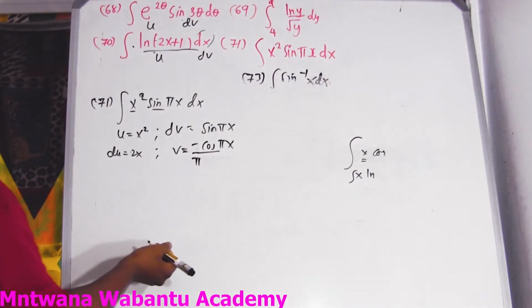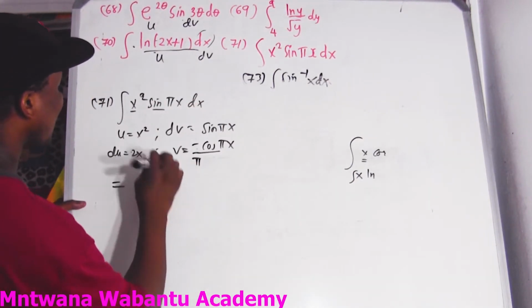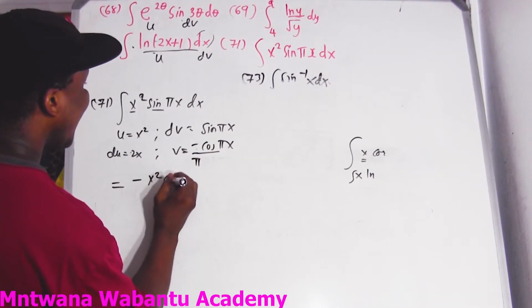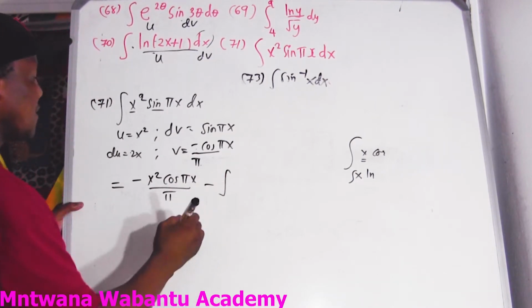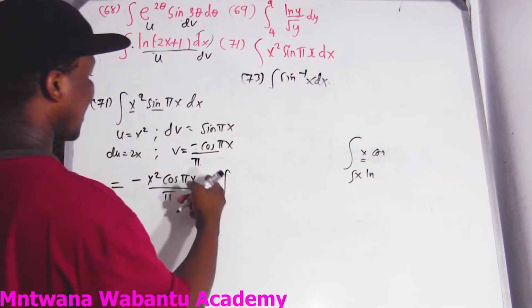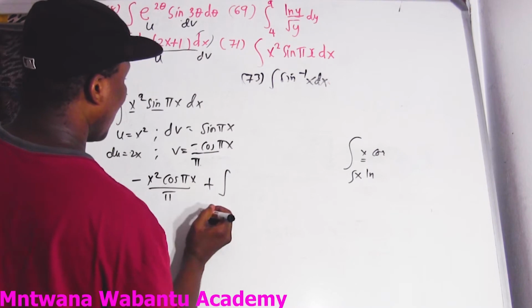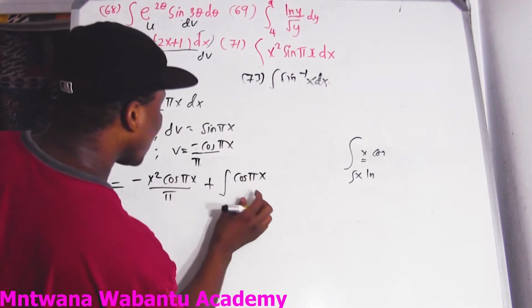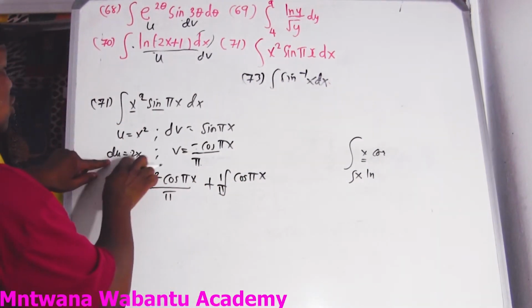So we have everything. Now substitute in the formula. This equals uv, take this one multiplied by that. So we have negative x squared cos pi x over pi, minus the integral of v du. My v is negative cos pi x over pi, and pi is a constant, so it goes to the back, 1 over pi, multiplied by du, 2x.